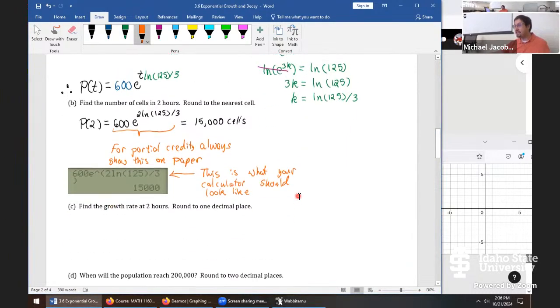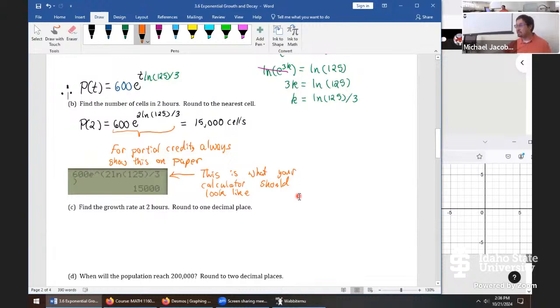But now on part C, this is where calculus finally enters into the problem, because they're saying, find the growth rate at 2 hours. And the moment they said growth rate, they're talking about the derivative. So this is kind of a dangerous problem in a certain sense.